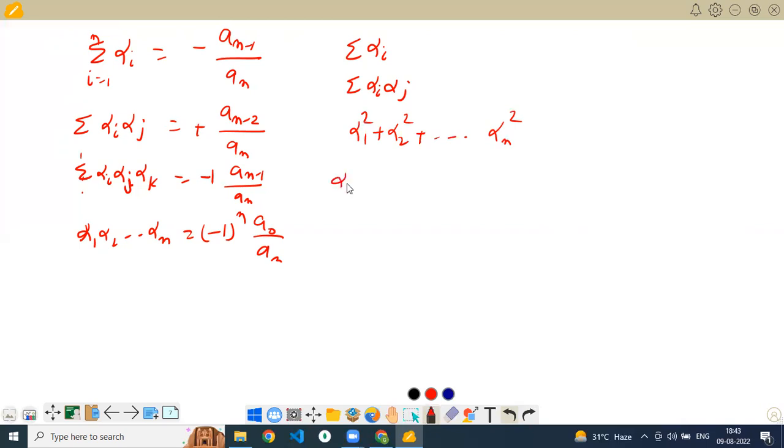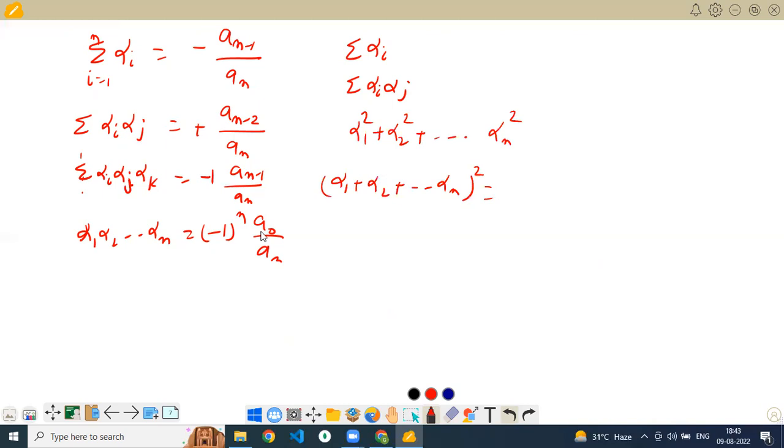We know that a plus b whole square is a square plus b square plus twice ab. a plus b plus c whole square is a square plus b square plus c square plus twice ab plus twice bc plus twice ca, right? So alpha 1 plus. Yes, sir.